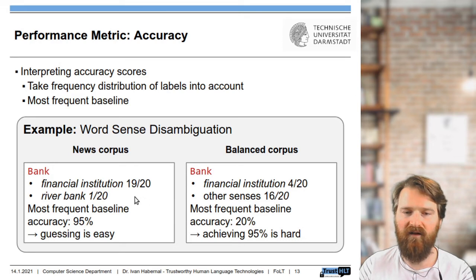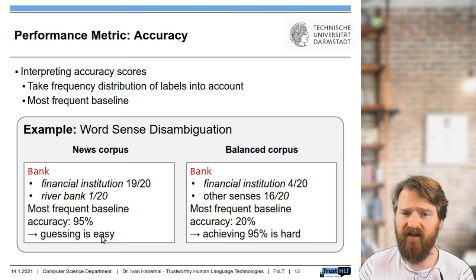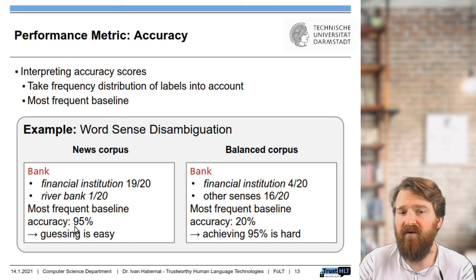If we take the most frequent baseline, a very dumb model that says whatever is most frequent will be classified as such, we will get 95% accuracy. So if we see bank anytime and we say, well, it's a financial institution, just because of the distribution of the classes, we get 95% accuracy. We were just guessing the majority baseline, and we get pretty good accuracy.